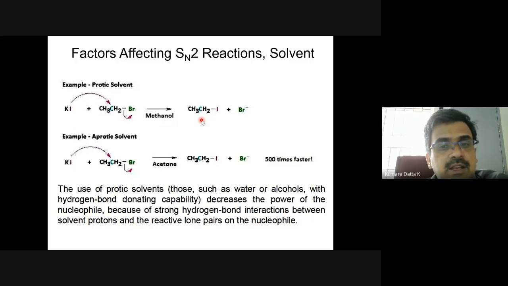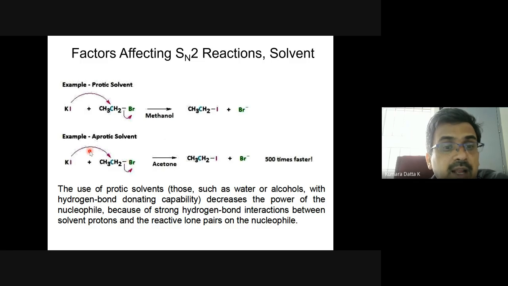You can see here how iodine, because now you can see that electron density moves. Again, do not worry, iodine is a better leaving group than bromine. But if you take potassium iodide and do this reaction, this will form a partial carbocation. You will have partial charges. So iodine is being replaced, and bromine departs.